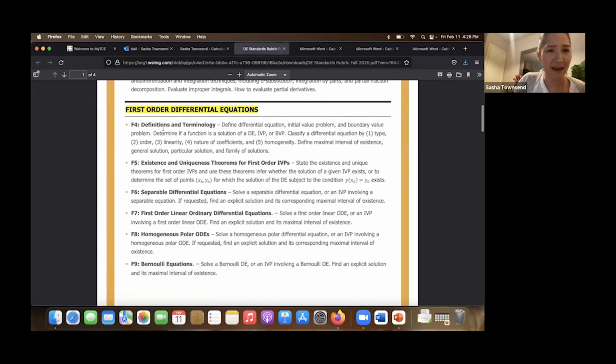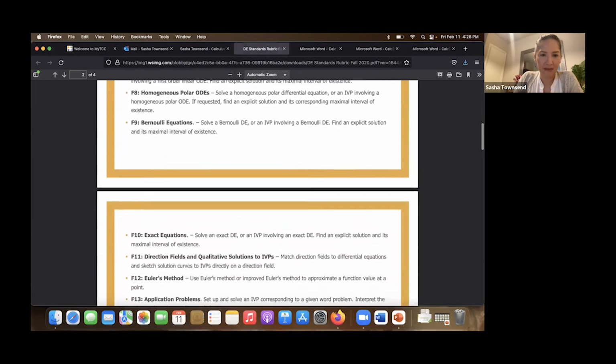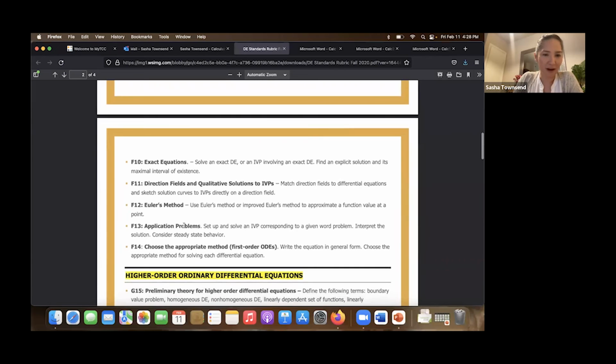And then we've got a lot of methods with differential equations. First order differential equations, we just start with some definitions and terminology. And I tell them if it's on this list, it could be on the quiz. If you can do everything on this list, you'll be prepared for the quiz. And then the application problems is really more of the modeling.